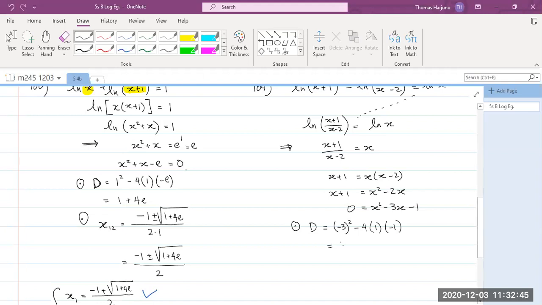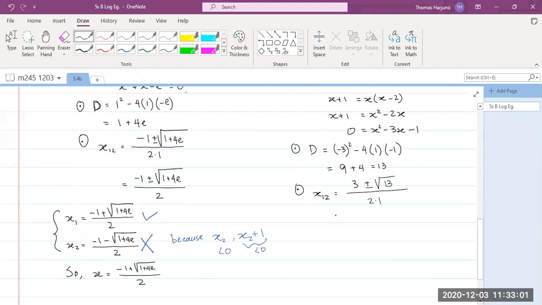So this will be 9 plus 4, that's 13. Therefore, the solutions x1,2 will be negative b plus minus square root of 13 over 2a. That is 3 plus minus square root of 13 over 2.